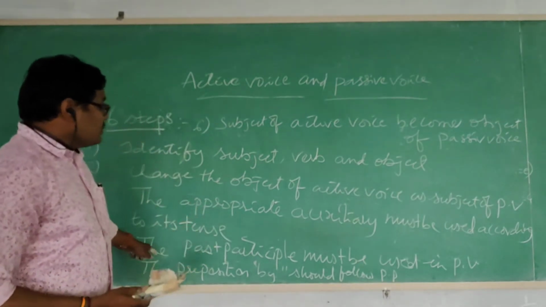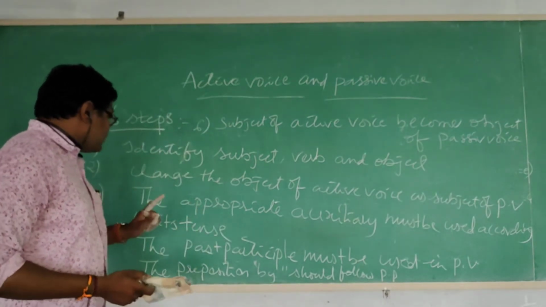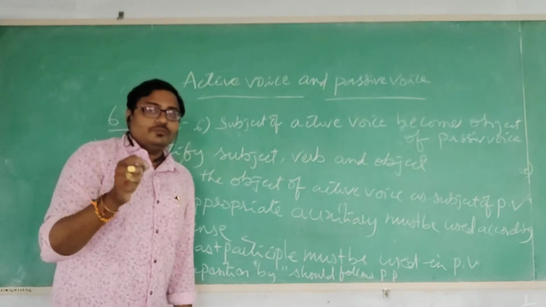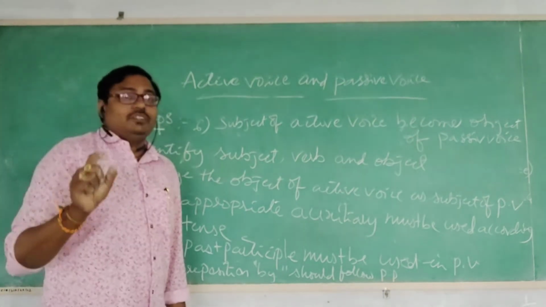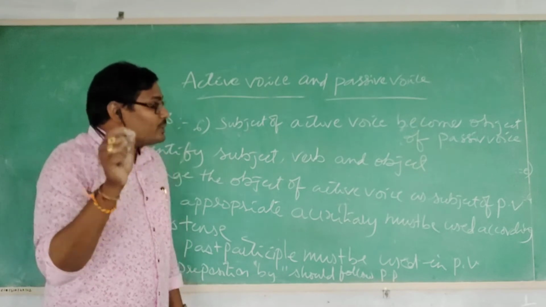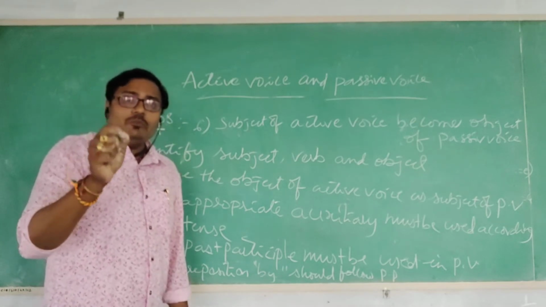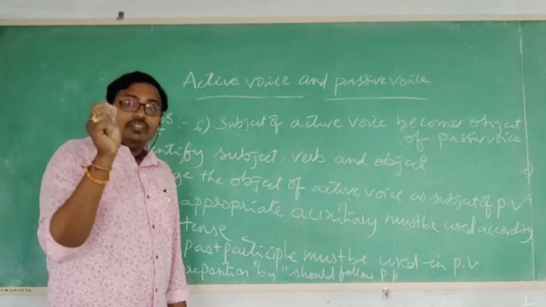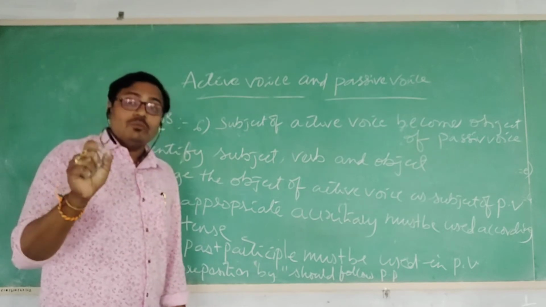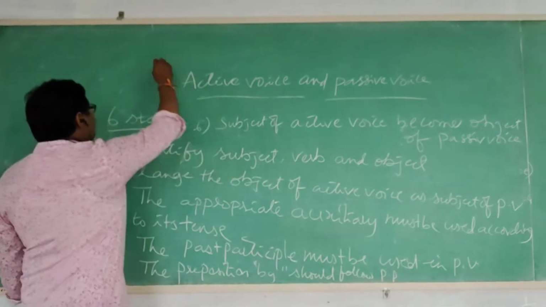Now let us see the fourth one. We have to use in any passive voice V3. Okay. Actually, the verb can exist in 3 forms, right? The first one is base form.